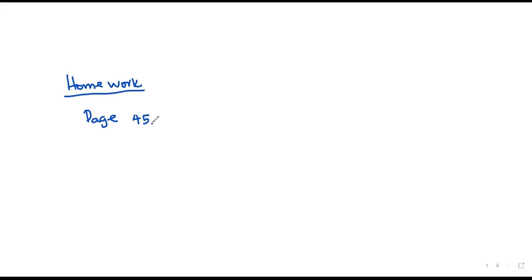When you finish, you go to page 45 of your textbook and do the homework. Then you take a picture of the work you copied from the video clip in your notebook. You also take a picture of your homework and send it to me, then I will check and give you points. Is that okay? Okay, teacher. Okay, so now let us stop here for today.